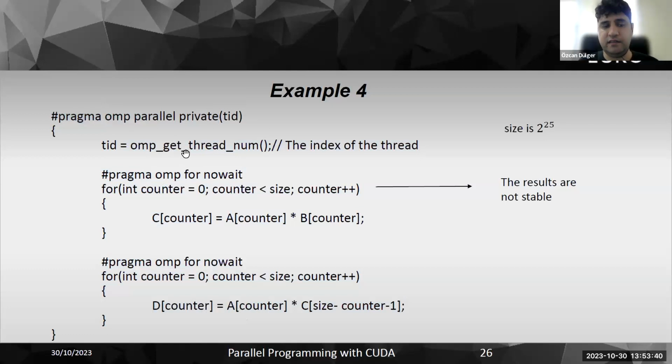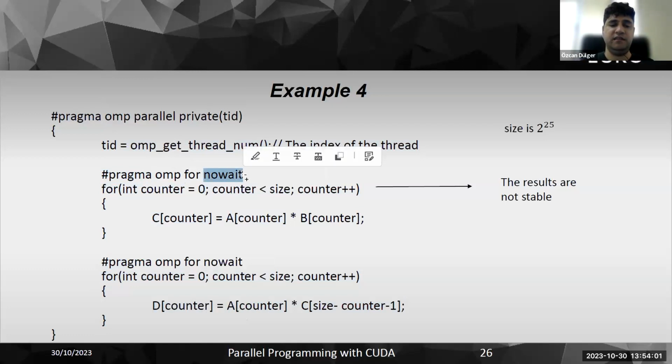So let's look at the problem here. Again, this for loop is distributed to the threads evenly, and the second for loop is also distributed to the threads evenly. And there is a nowait clause here.